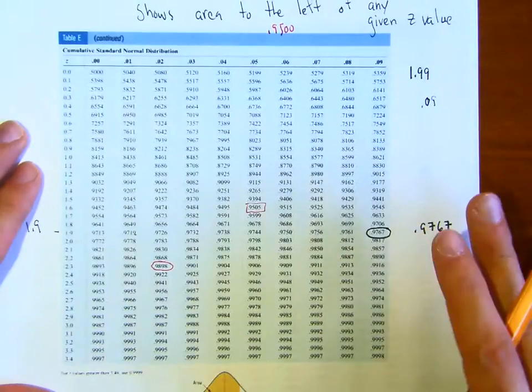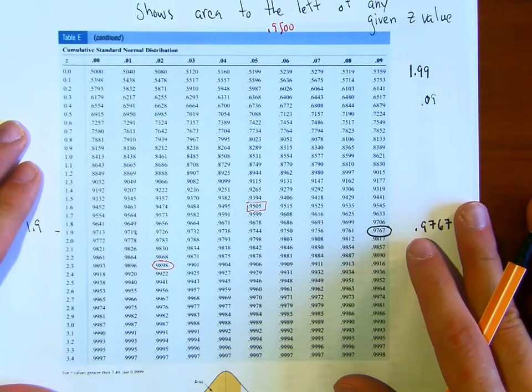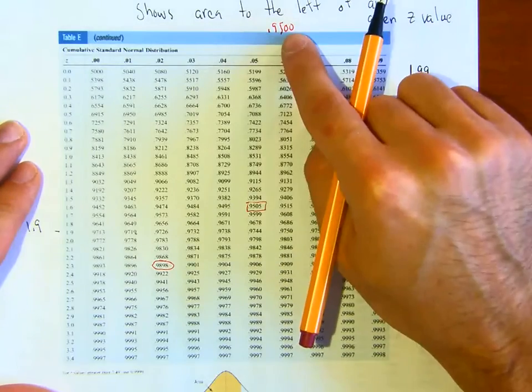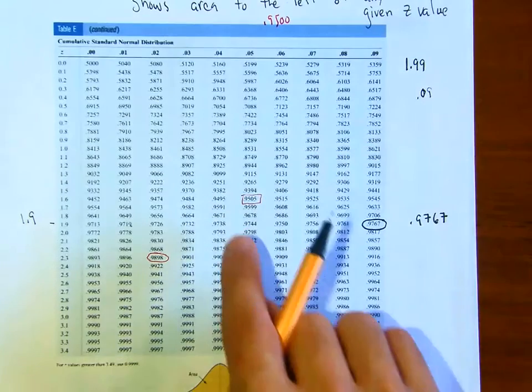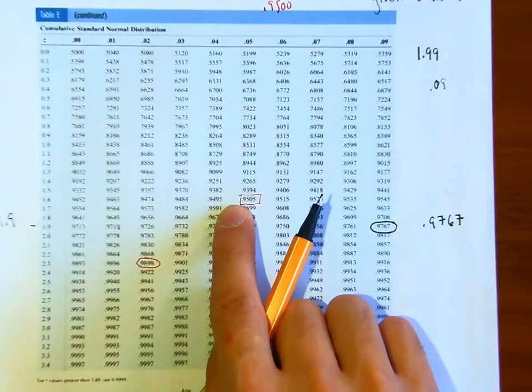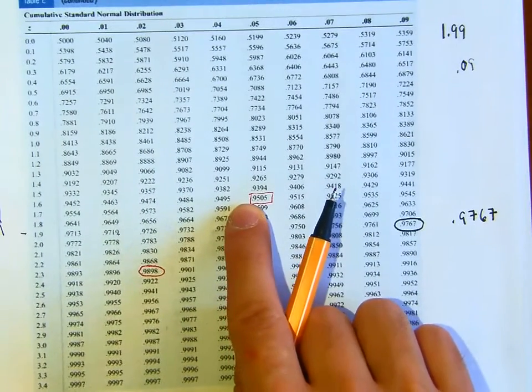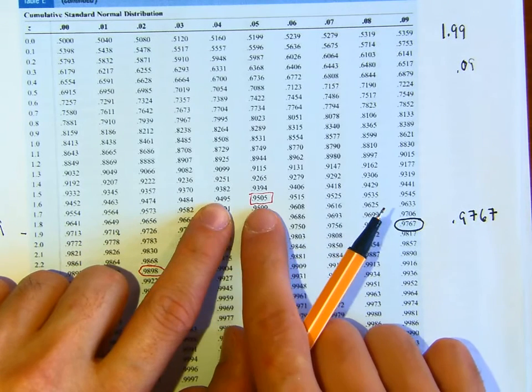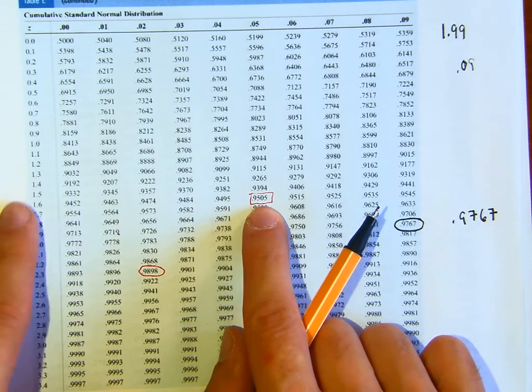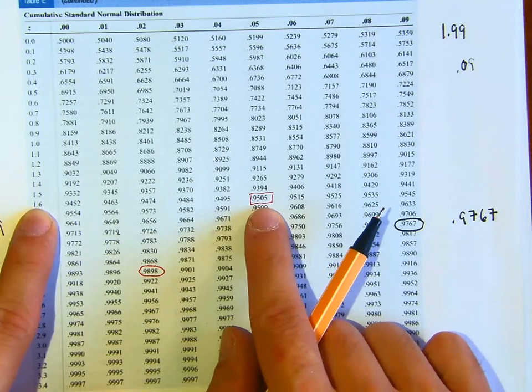Try and take a look. Now notice that this number is not represented here, but the two closest values to it are right at the center, 0.9495 and 0.9505.